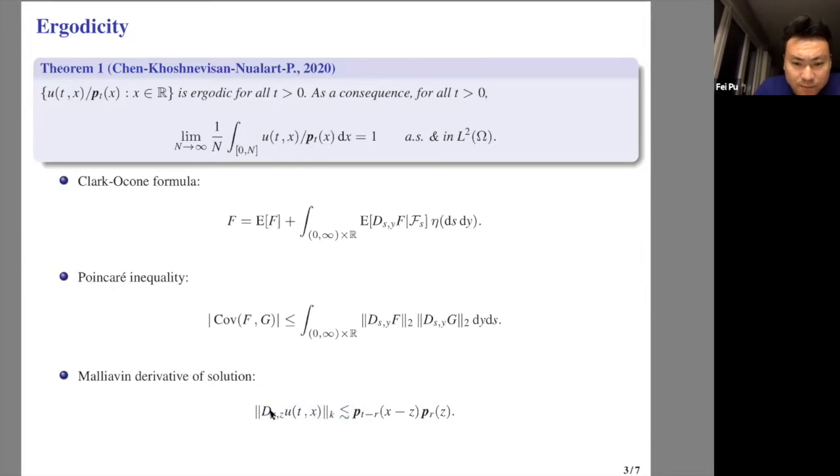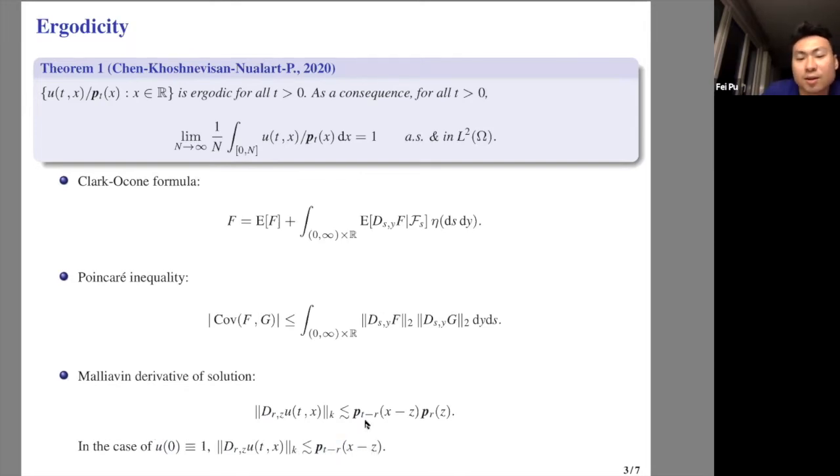We can compare this estimate with the case of constant initial condition. So if u of 0 is equal to 1, we prove that the Malliavin derivative of the solution at r, z is bounded above by a constant times p_{t-r}(x-z).